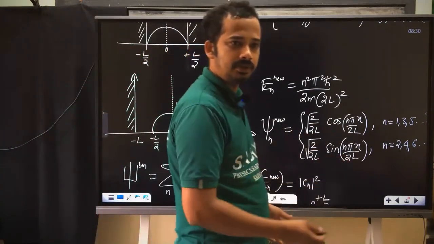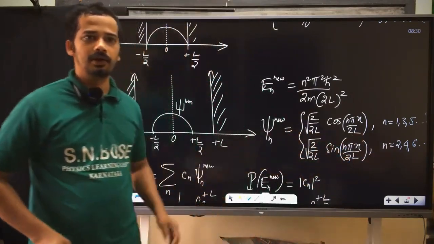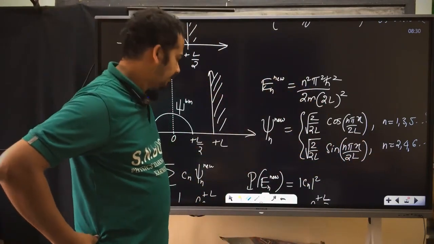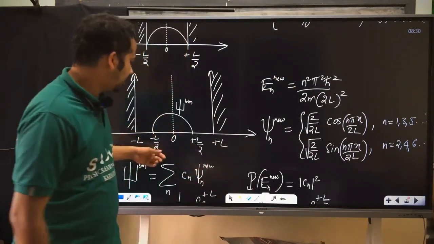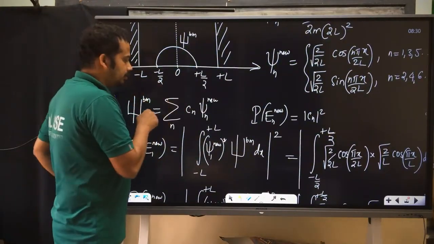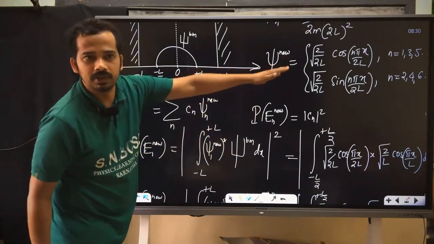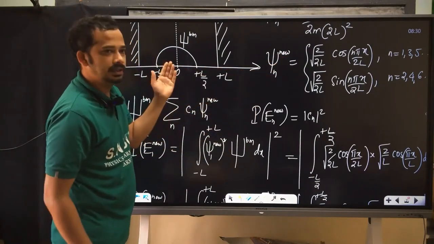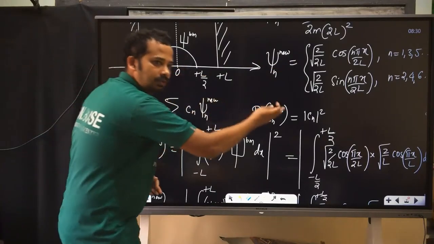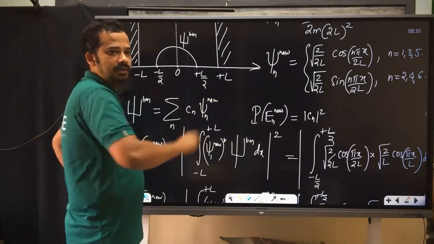For an odd function, if our limit of interest is symmetric, the expansion contains only sine. That is the idea. In the superposition, only cosine states will come, not sine states. Why? This is an even function, so its expansion should contain only even functions, not odd functions or a mixture of even and odd functions.